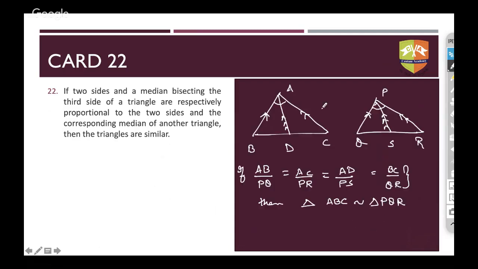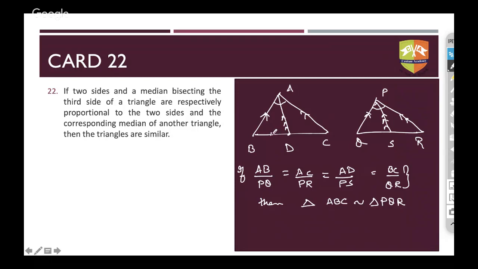So this question gives you AB by PQ is equal to AC by PR, and it is equal to AD by PS. Then you have to prove that if two sides and a median bisecting the third side of a triangle are respectively proportional, then the triangles are similar. So if this is the third side, then this is the median, being bisected here.